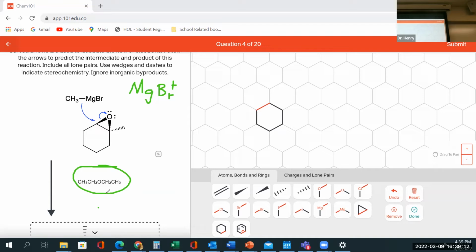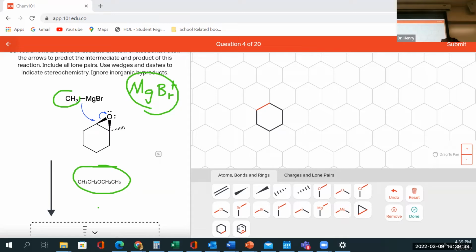And that way there'll be an extra oxygen, and then that's where it has to stop. But this here would be our inorganic byproduct. We know that this guy is going to be produced because here we only have one bromine attached to it, so it's not totally neutralized.